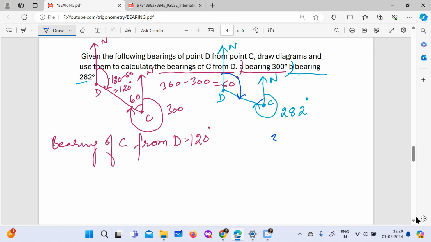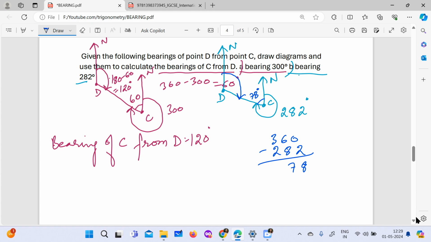That is 360 minus 282, which will get you 78 degrees, right? And then as we know that the sum of co-interior angles is always 180 degrees.